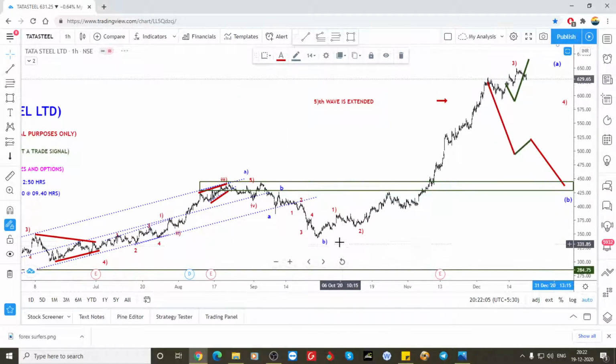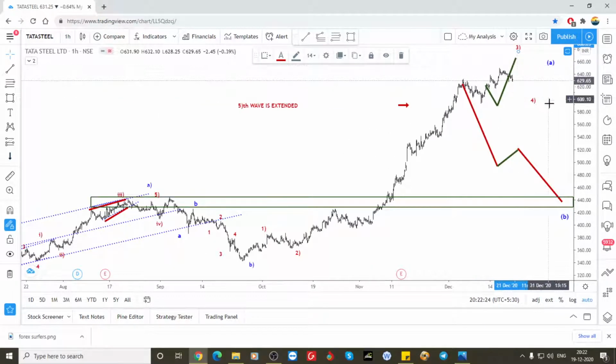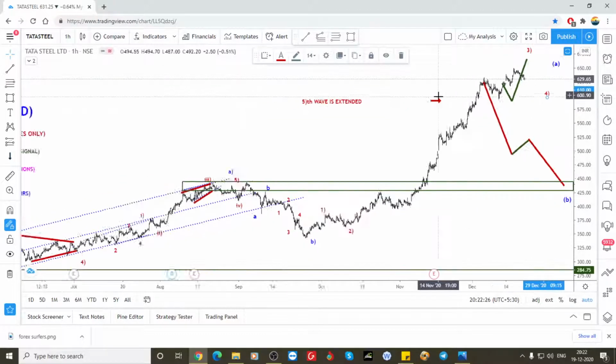So whether this is wave 1, 2, and another intermediate wave 1, 2, so 3, 4, or we are in the 4th wave, still we are in that intermediate wave 4, and after that the bigger 3rd wave has ended, and then again one more 3-wave structure, and again it has to shoot.